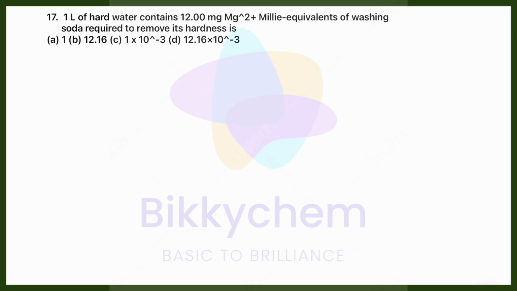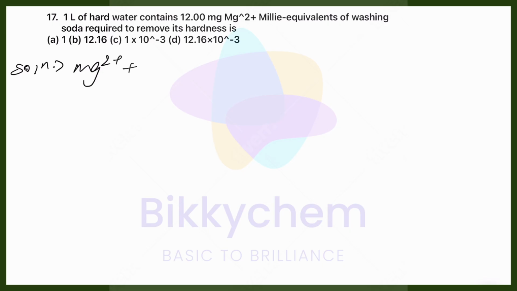Okay, dear student, let's see how many milli-equivalents of washing soda are required to remove hardness when there is 12 mg of Mg2 plus present in 1 liter of hard water. So let's see the equation first.